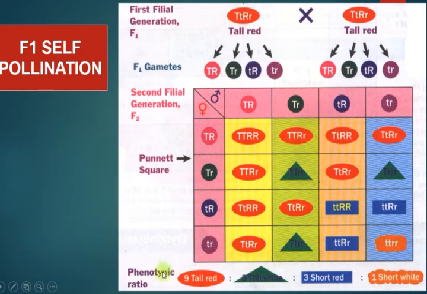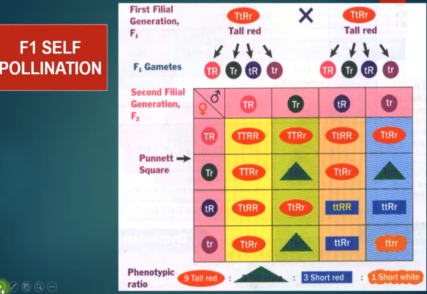So it will show the phenotype ratio 9, 3, 3, 1. That is referred to as dihybrid inheritance. Make sure you know the phenotype ratio in dihybrid inheritance, which is 9, 3, 3, 1.